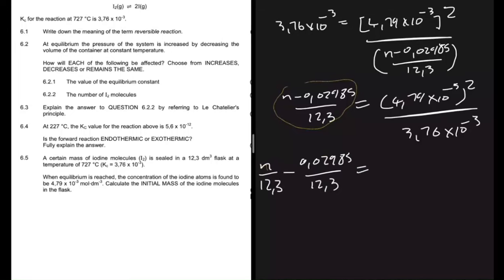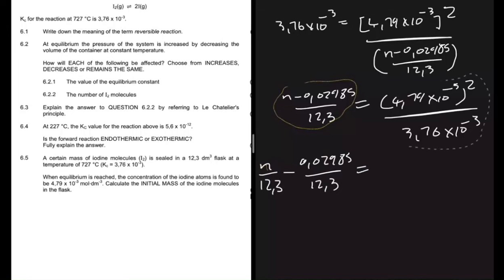So we can actually break this n minus 0.02985 divided by 12.3, right? If we do that, we get n divided by 12.3 minus 0.02985 divided by 12.3, which is equal to this same expression.